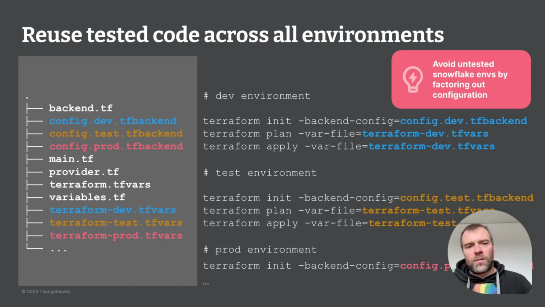By that, you can avoid any untested snowflake environments that use different code bases, right? So once you make sure that the code base with the properly factored out configuration is used across all environments, you reduce the risk of something going wrong basically to configuration changes that you can only test once you apply the code. And this minimizes the risk of something going wrong in production.